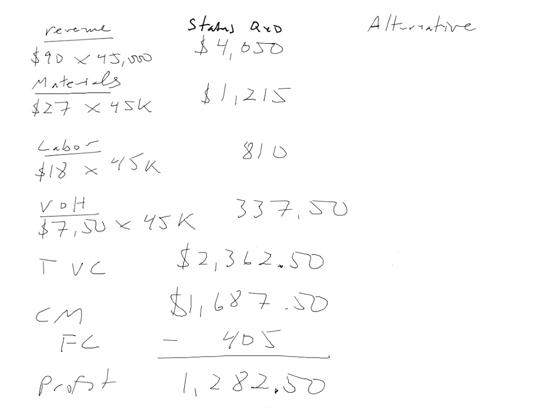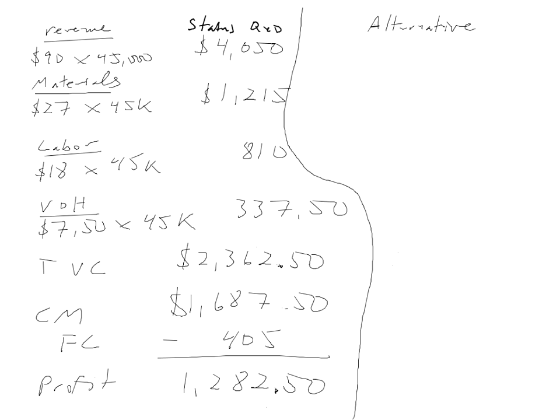Now we're going to compare this to the alternative. If you read the fact pattern, it says that we're going to continue with our 45,000 regular units. So actually, all of these numbers still apply. The column 1 numbers will be considered in column 2, which is the alternative.